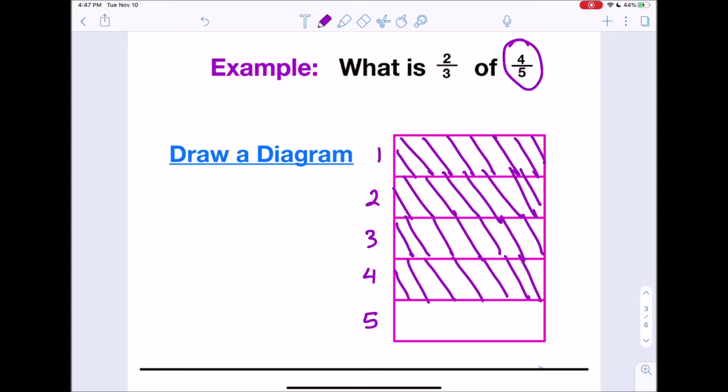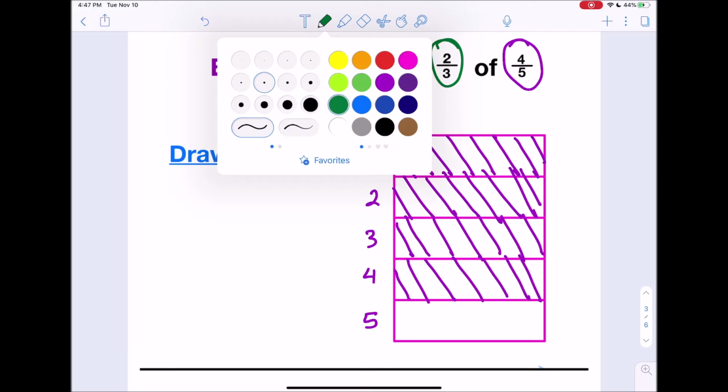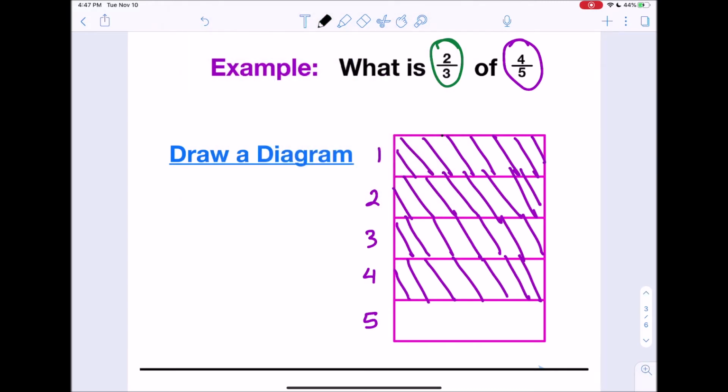Okay, now for the other side I have 2/3. So I need to split up this rectangle into thirds. So I'm going to draw one line here, and draw another line here.